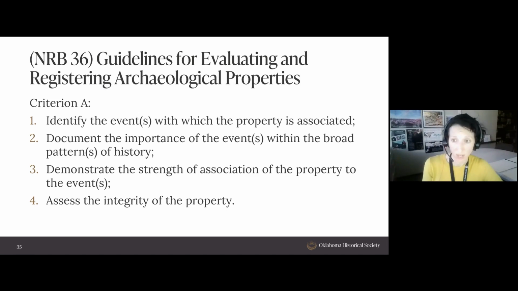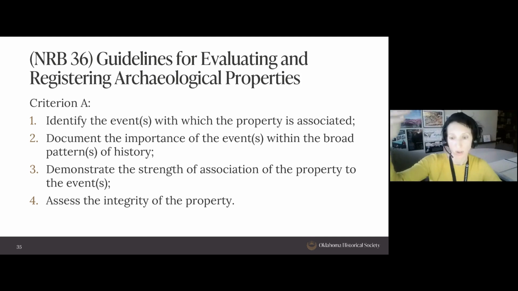Identify the event or events with which the property, this archaeological site we've identified, is associated. Two, we need to document the importance of that event or events within the broad pattern of history, and then demonstrate the strength of association of the property to those events, and assess the integrity of the property.